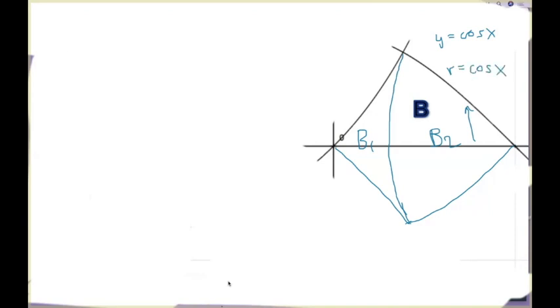So our surface area of B2 is going to be the integral. Okay, this bound, recall, is 0.601 to pi over 2. We've got to deal with the circumference of this thing first, which is going to be 2 pi r, which is cosine of x.